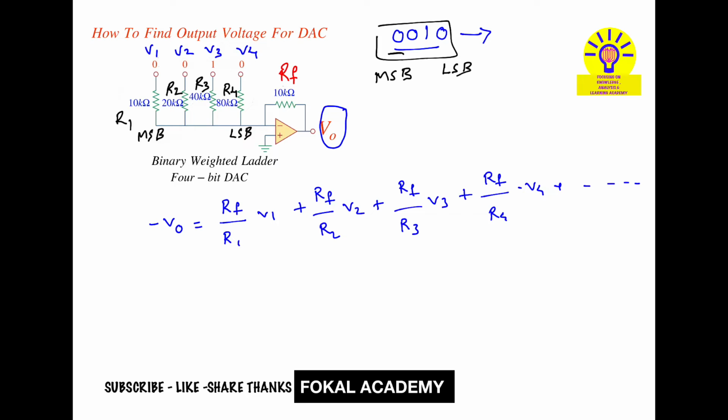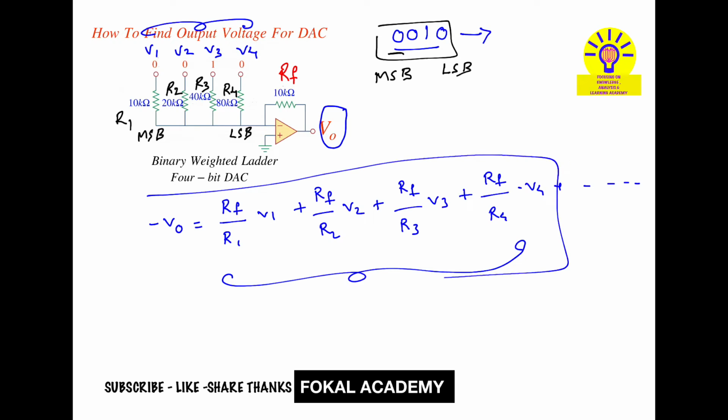But here we have only 4 inputs, so take it up to here. Now substitute all the values in the equation to get the minus V0 value.